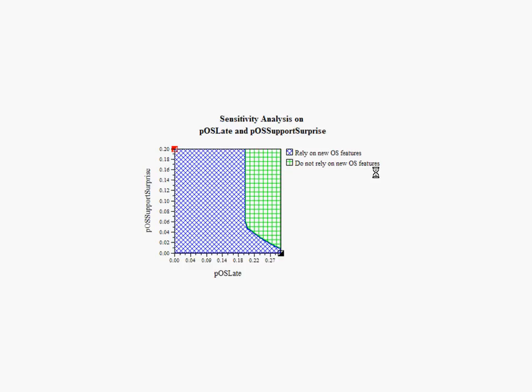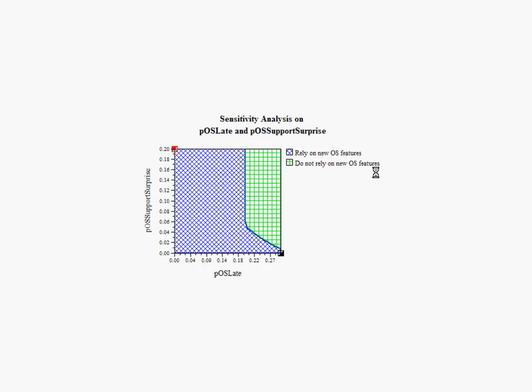But in certain regions of the space, it may be actually very sensitive. So here we could have broad uncertainties for much of it, but if we're in these higher regions for the probability of the space and higher regions for the probability of the slate, that's where we may need to not rely on those features.